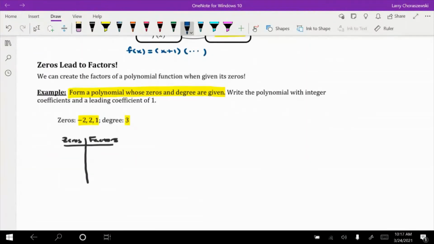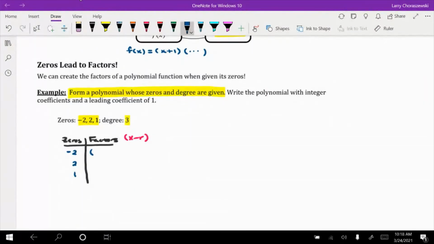Now let's list the zeros. You've got -2, 2, and 1. Now keep in mind that if r is a real zero, then the format of the factor that you can build is x minus that number. Okay, so let's start with -2.